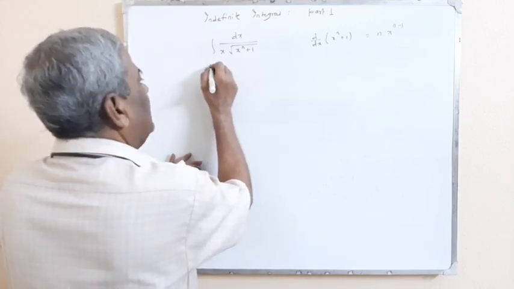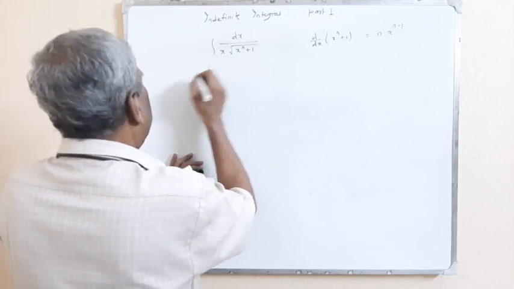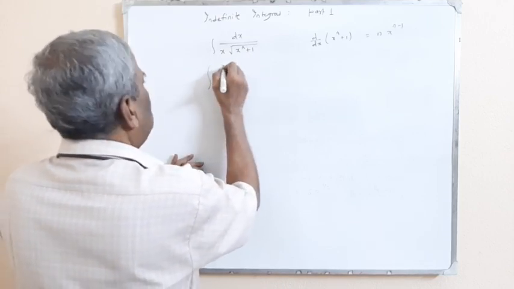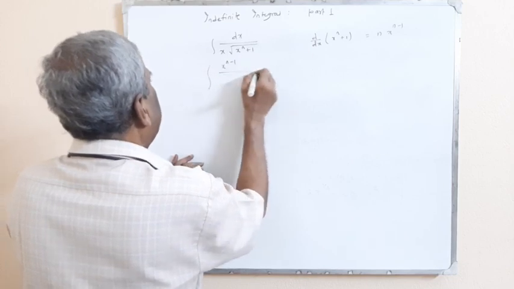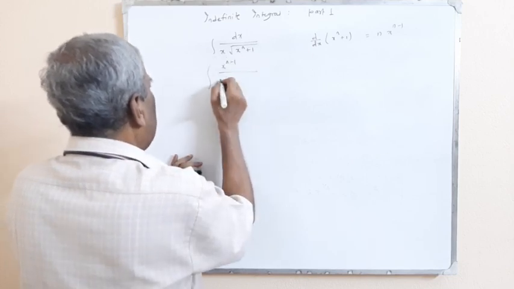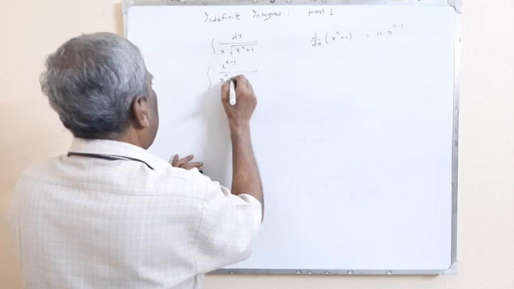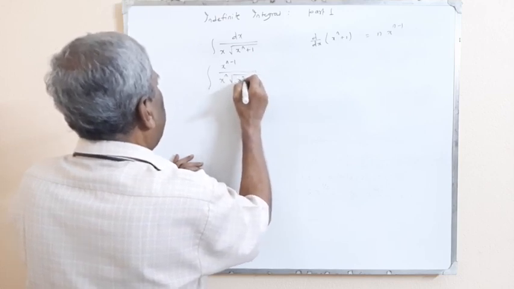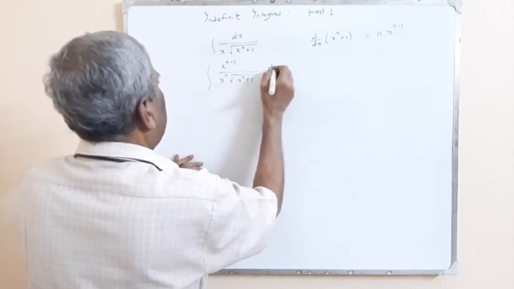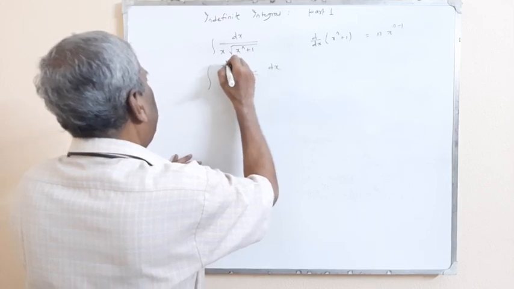So multiply x to the power n minus 1 in the numerator and in the denominator also. So it is x to the power n into root over of x to the power n plus 1 dx. This is n.